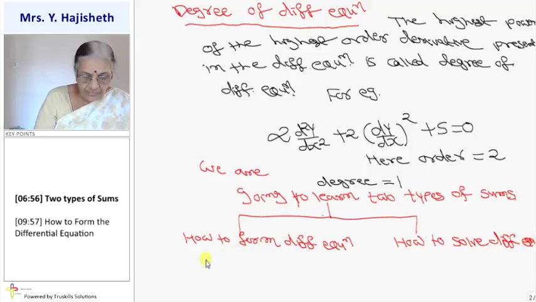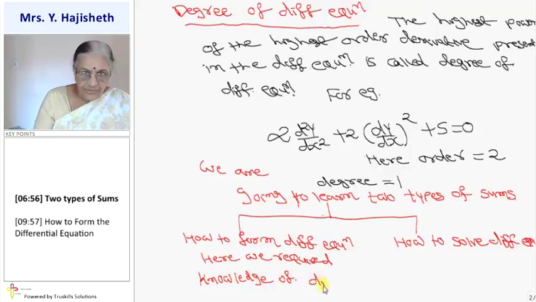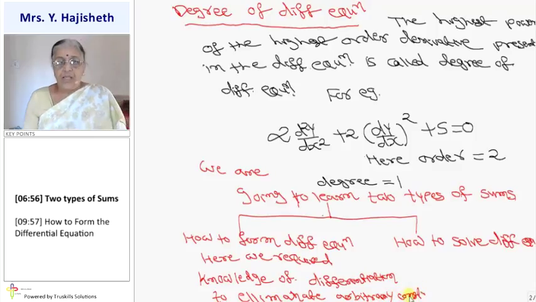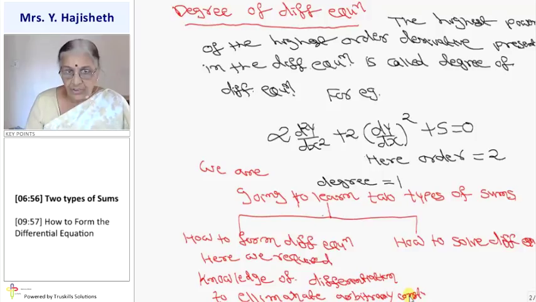In order to form the differential equation, we require knowledge of derivative, differentiation, to eliminate arbitrary constants.